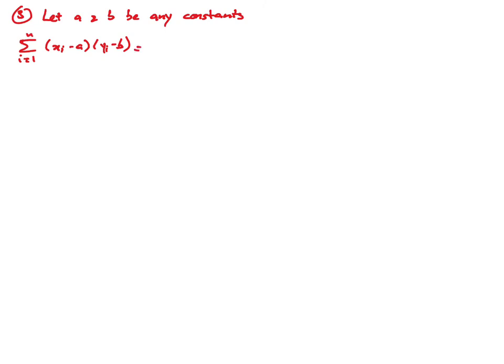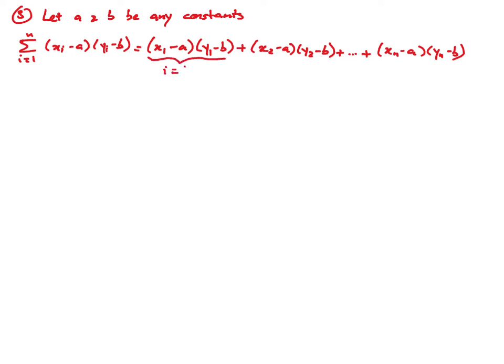It's going to be equal to (x1 minus a) times (y1 minus b) plus (x2 minus a) times (y2 minus b) plus all the way to (xn minus a) times (yn minus b). The first term here is what you get when i is equal to 1. The second term is what you get when i is equal to 2, and so on and so forth. And then the last term here is what you get when i is equal to n.